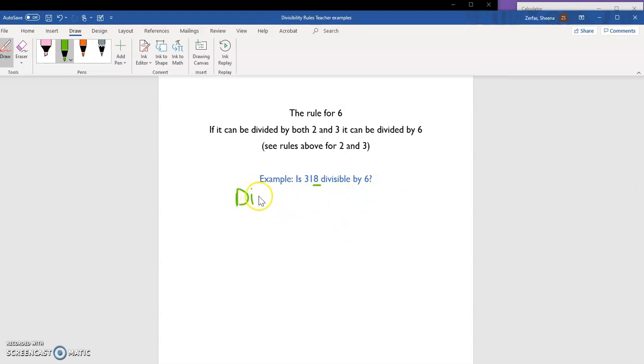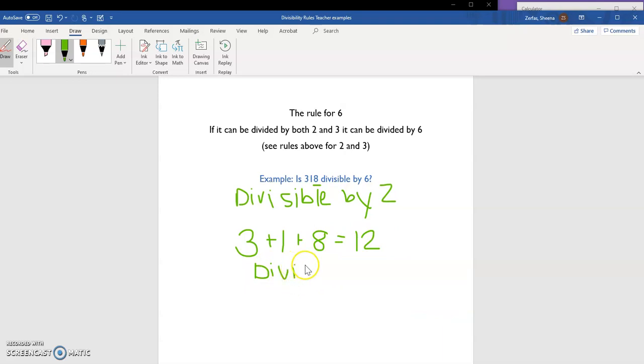I'll make note of that. Now I'm going to check if it is also divisible by 3. Remember that rule is add these numbers, so 3 plus 1 plus 8. 3 plus 1 is 4, plus 8 is 12. So 12 is a multiple of 3, so it is also divisible by 3.